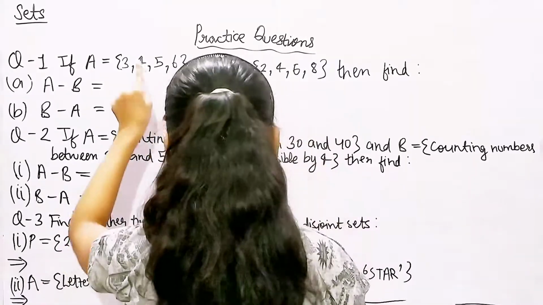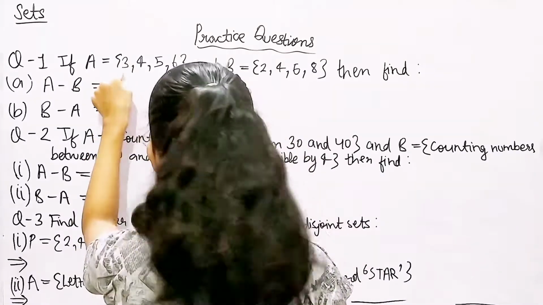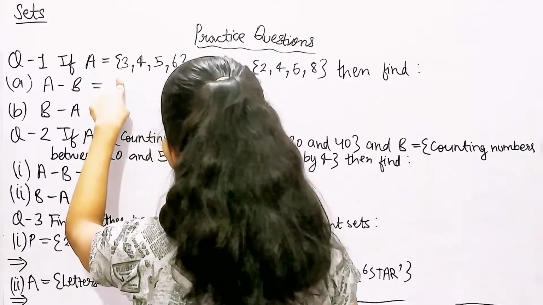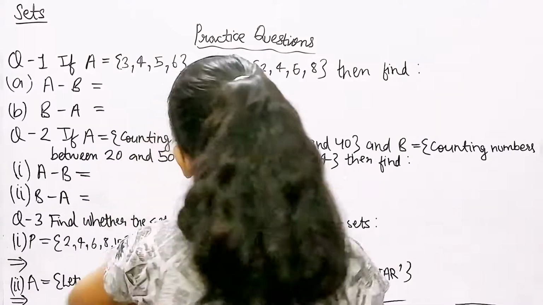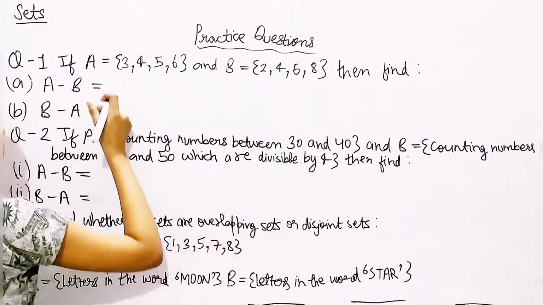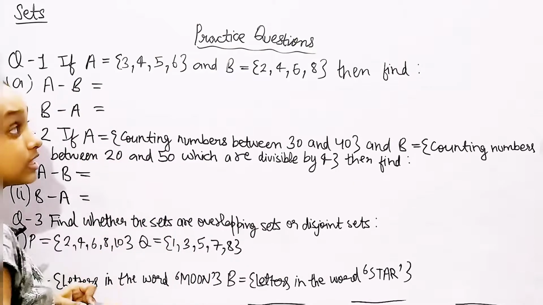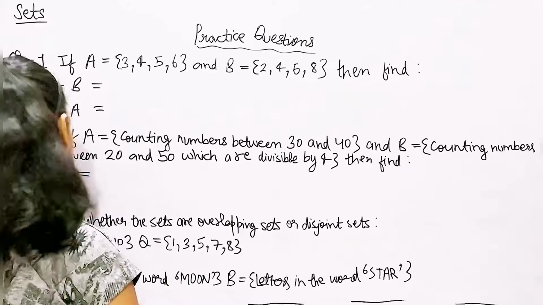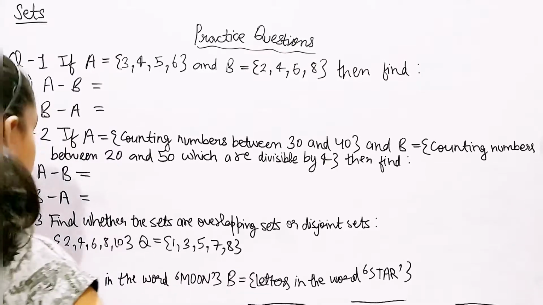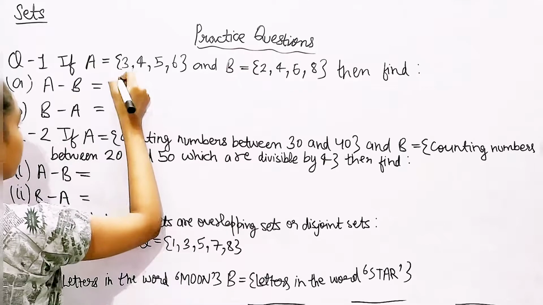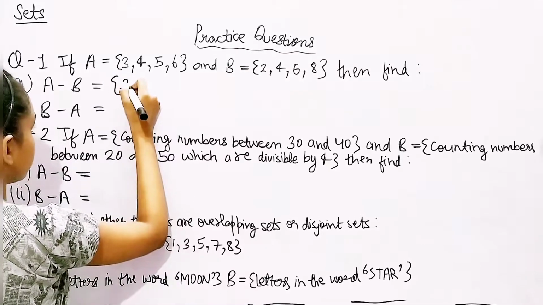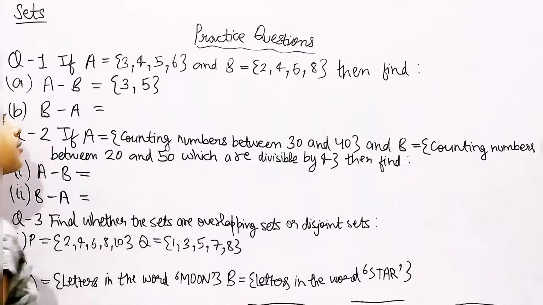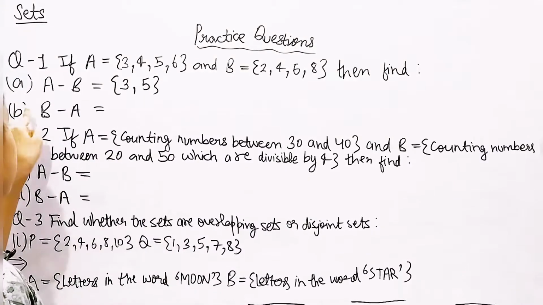I can say that element 3 is not an element of set B, and 5 is also not an element. So A minus B is equal to the elements 3 and 5. That's it. Let me write it. A minus B is equal to the elements 3 and 5.